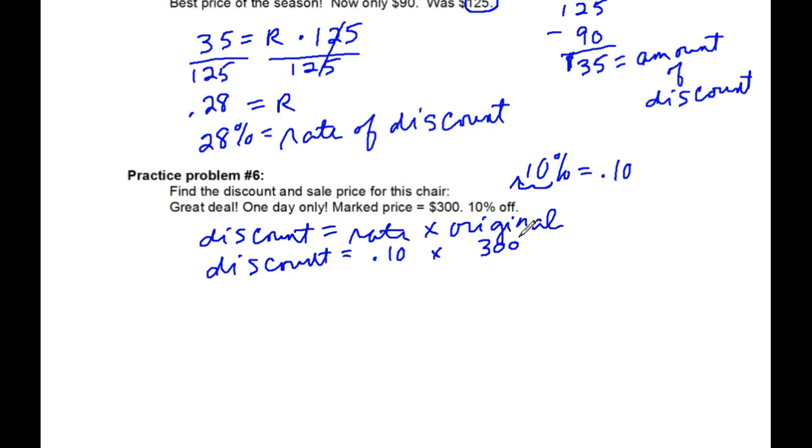It's going to take it 1 to the left, or you can take your calculator. 0.1 or 0.10 times 300, you're going to get 30. The discount is $30. So the sale price then is going to be the 300 minus 30. That's going to be $270. That's going to be the sale price.